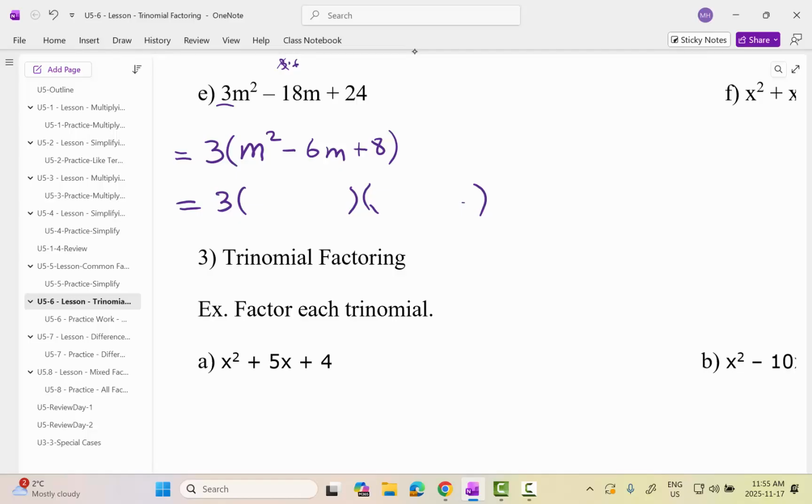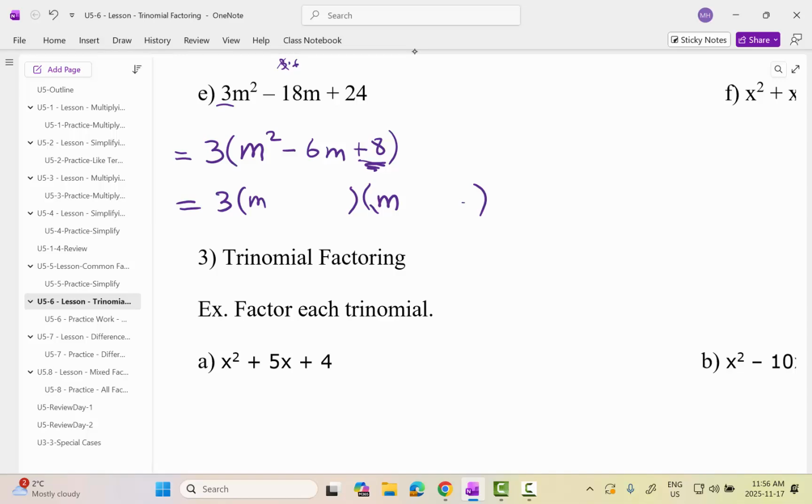So now what do the brackets start with? m and m. Now I have to find pairs that multiply to the last number here. Not 24, but 8 now. We're looking at the 8 now.